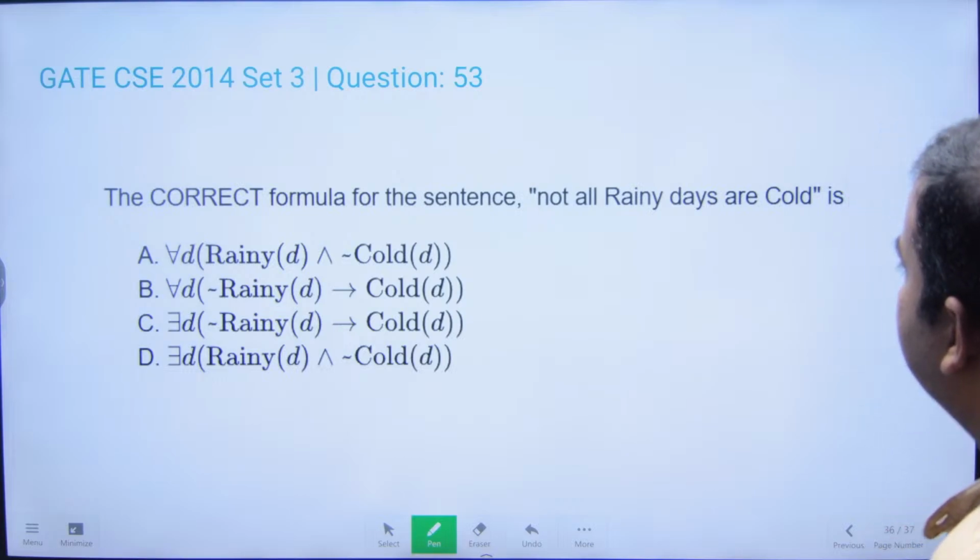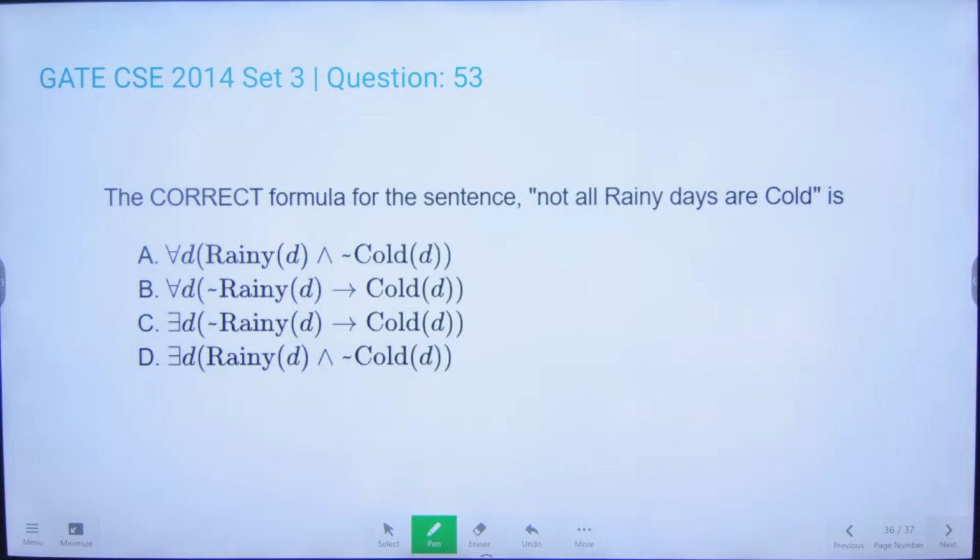Now this one: not all rainy days are cold.